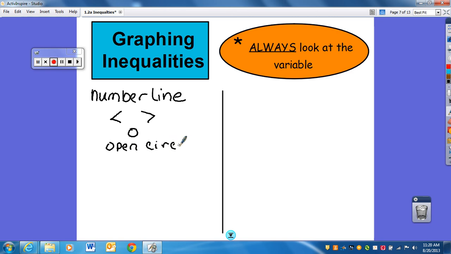If we're going to use less than or equal to or greater than or equal to, we're going to do our closed or our filled in circle when we're graphing our inequalities on the number line.